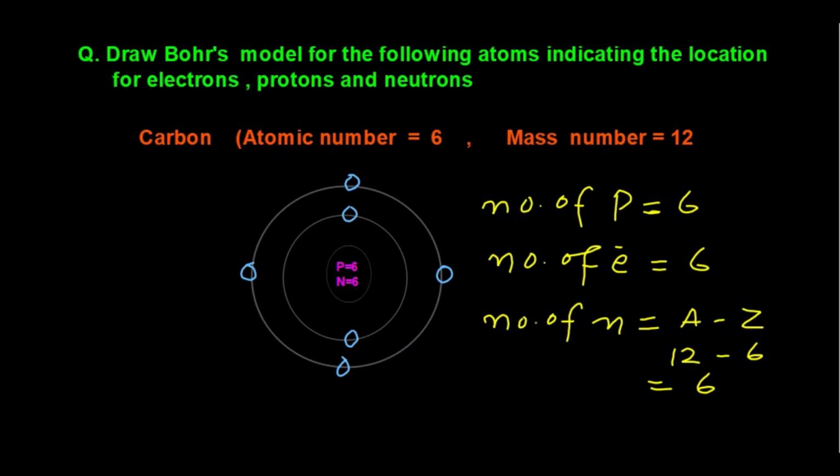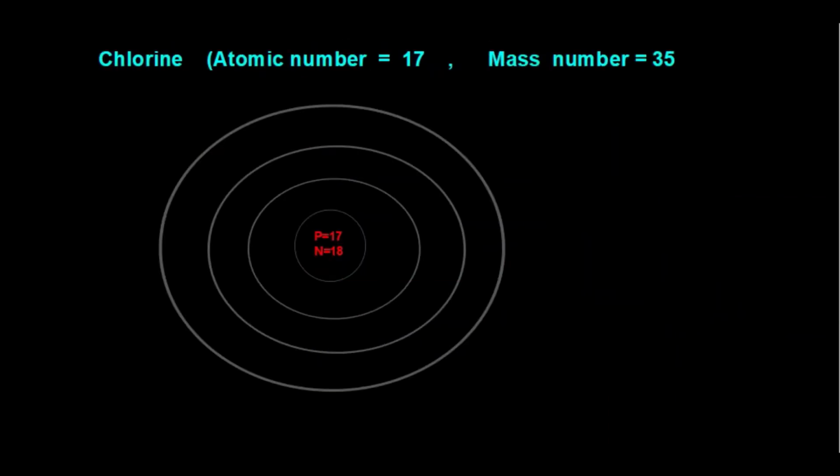Now we will see the next element which is given. The next element which is given is chlorine with atomic number 17 and mass number 35. With the help of atomic number and mass number, we will find the number of protons, electrons and neutrons for chlorine atom. Now we write the atomic number of chlorine is 17.